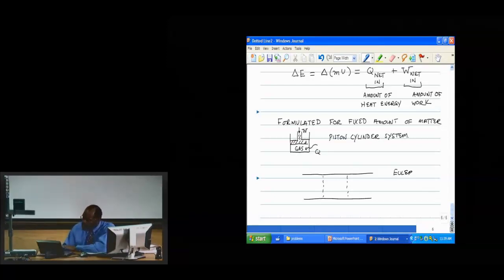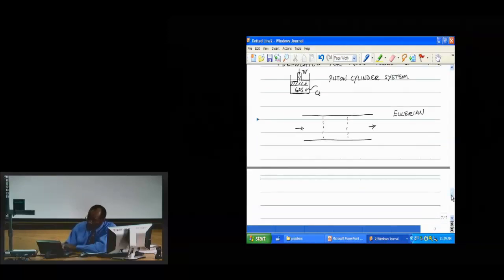For this control volume, between 1 and 2, our form of mass conservation, okay, I'm sorry, give me 1 second here.